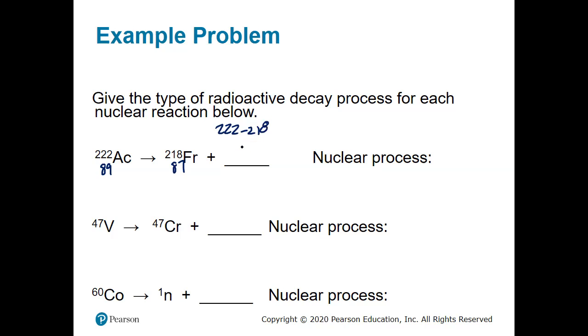Well, do the math there, that's 4. 89 minus 87 is 2. Mass number 4, atomic number 2. We are talking about an alpha particle. This is alpha decay.